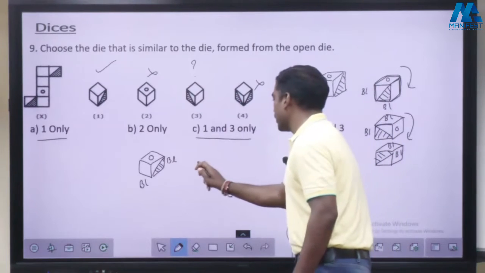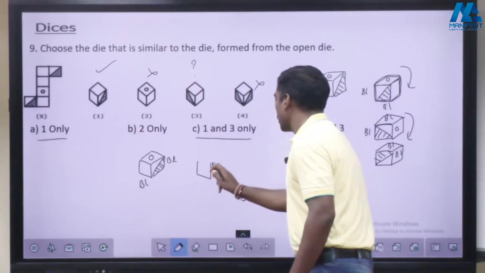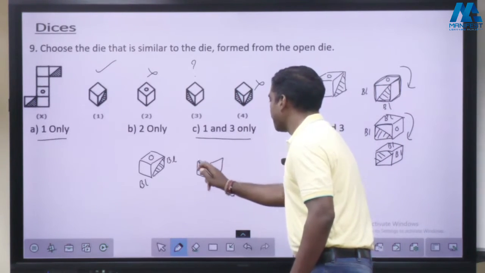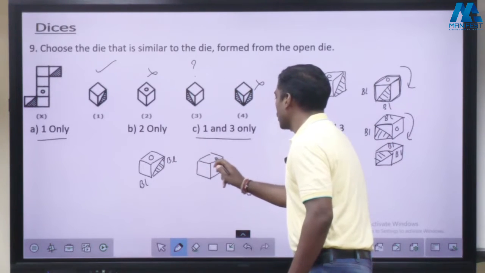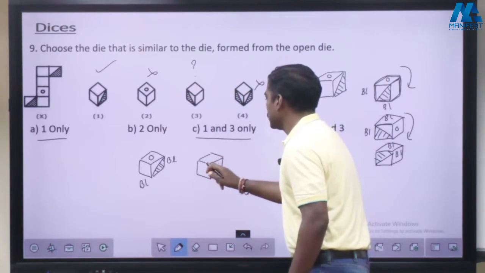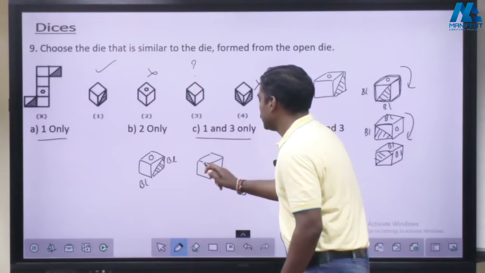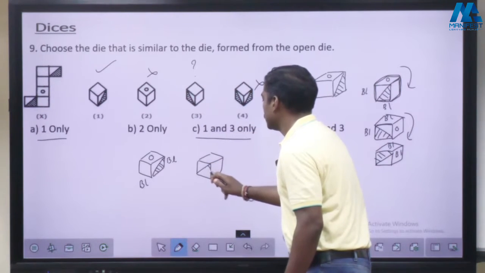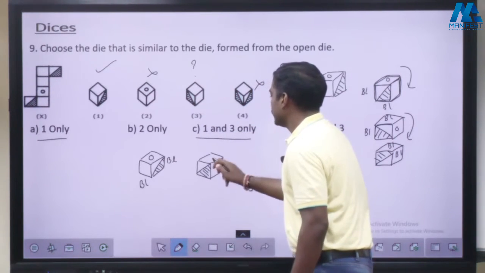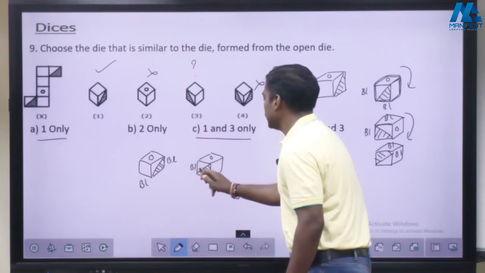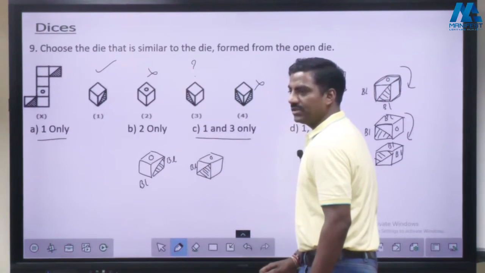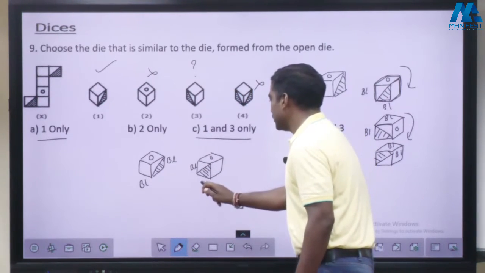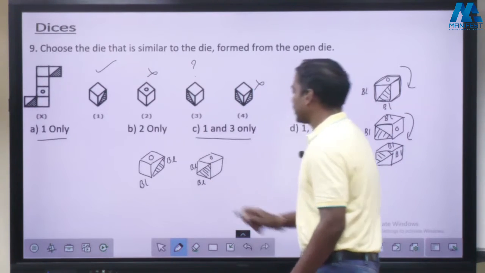What you will get? This is blank. This has become blank. Yes. And the bottom is blank.